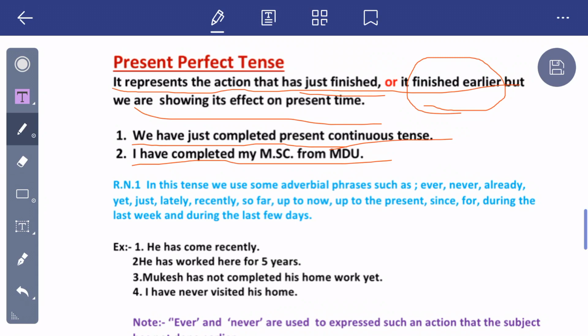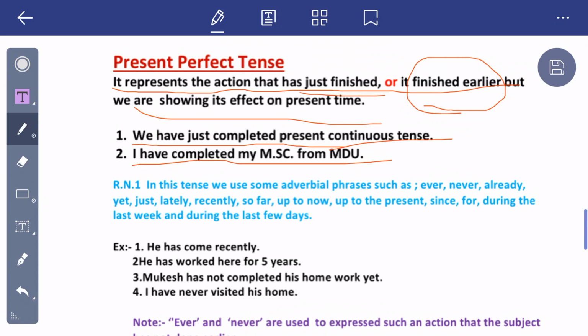It means anyhow I want to show the relation of that MSc to the present time. Suppose I went to an interview and the interviewer asked me what have you done, then I'll say I have completed this. So I want to relate those qualifications to the present, in front of the interviewer.